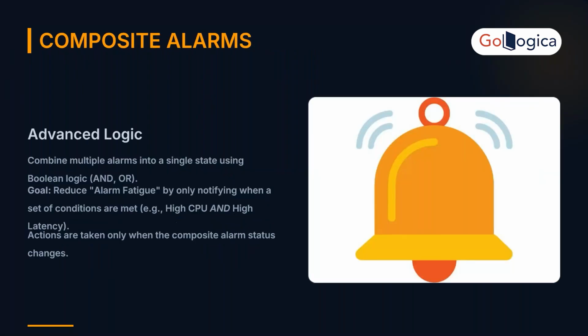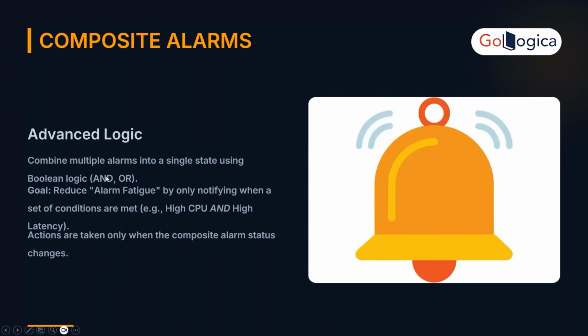So composite alarms. Now what is composite? These are advanced logic where we combine multiple alarms into a single state using Boolean logic, AND and OR. We know these logics.